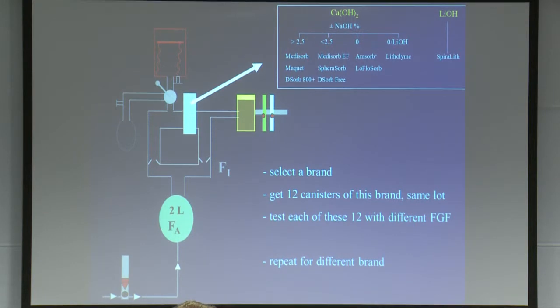I take 12 Medisorb canisters, and I'm going to place them in the circular breathing system. I take my first canister, I choose a certain fresh gas flow, I let it run, and I look at how long it'll last. And I'll do that with 12 different fresh gas flows, and after that I'll repeat it with a different brand.